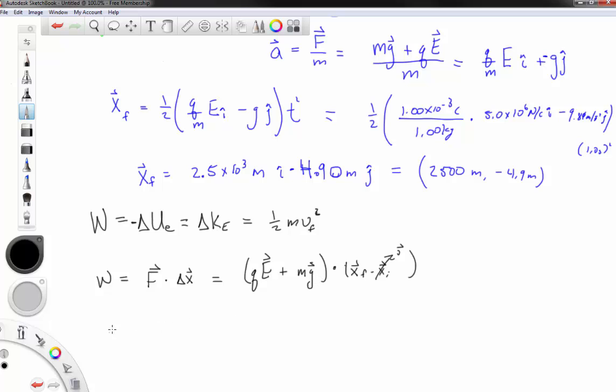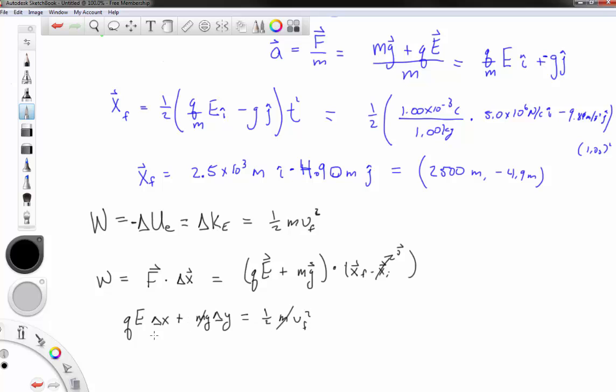Alright, so basically we have that q times E times delta of the x term plus m times g times delta of the y term is actually equal to 1/2 times m times v final squared.